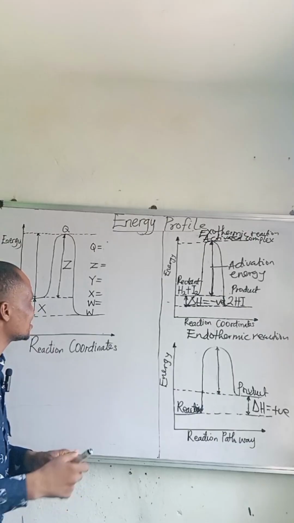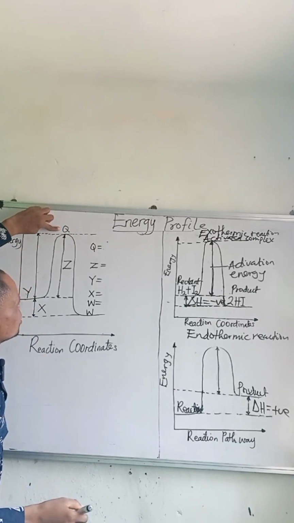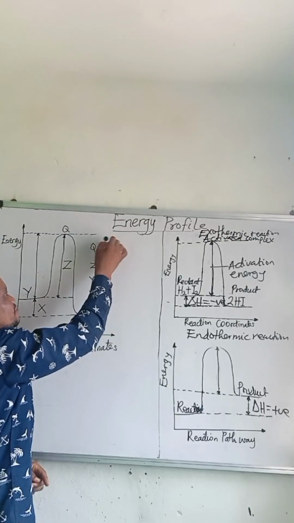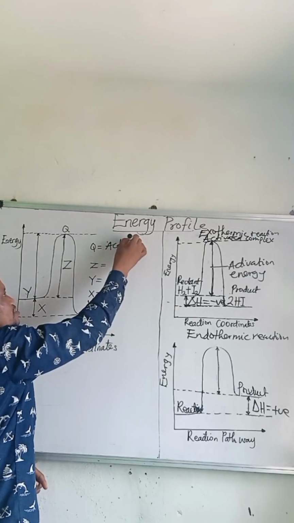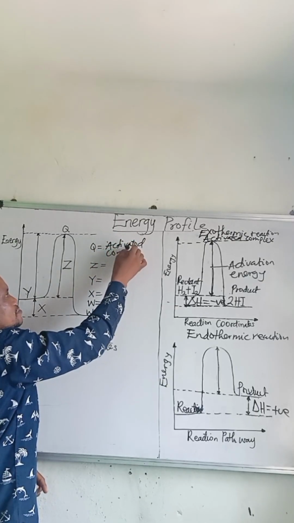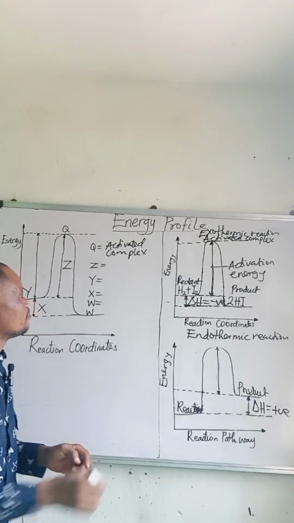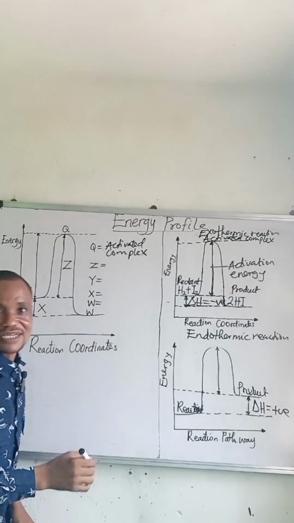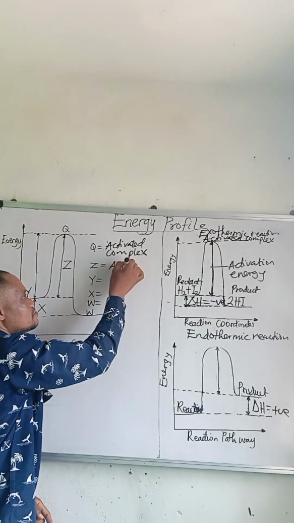But for time's sake, remember we said that this highest peak here is known as activated complex. Okay, now Z here is activation energy.